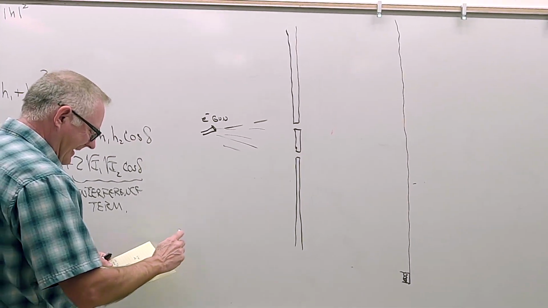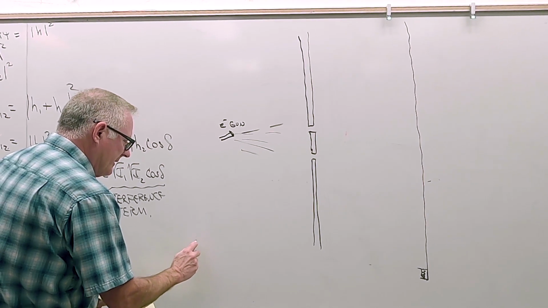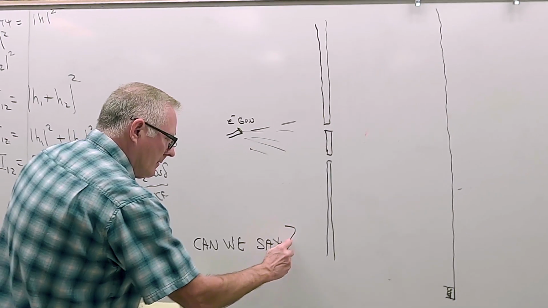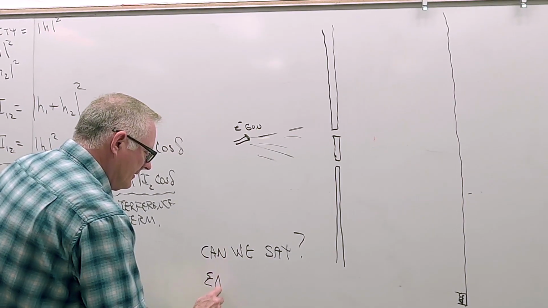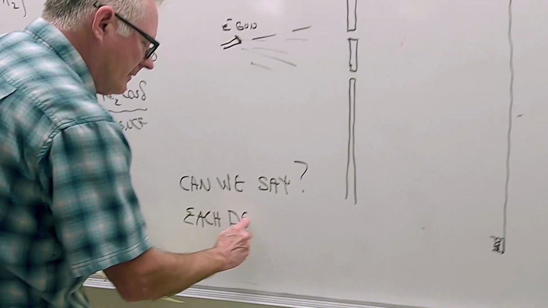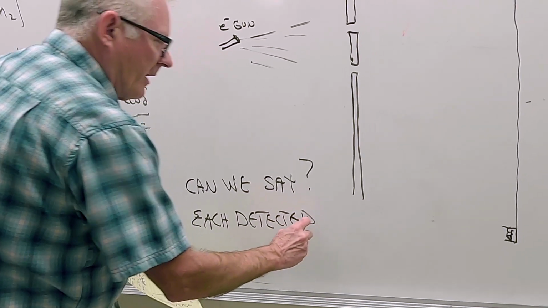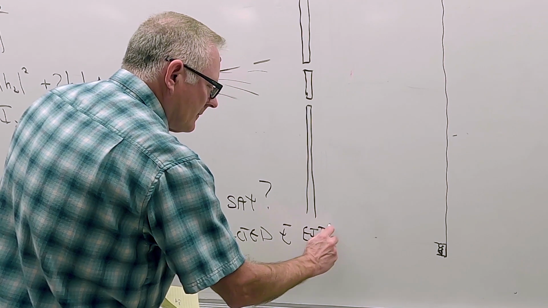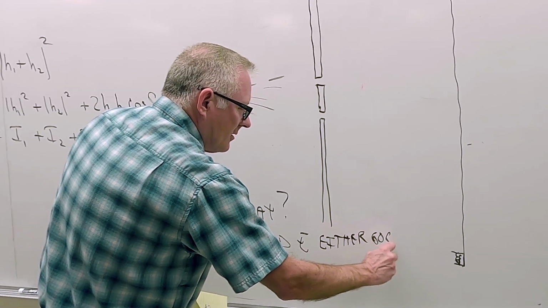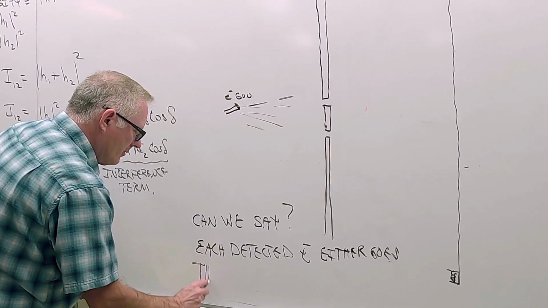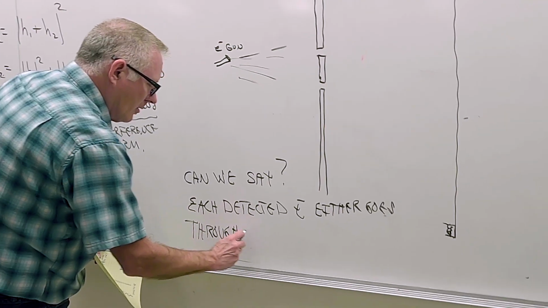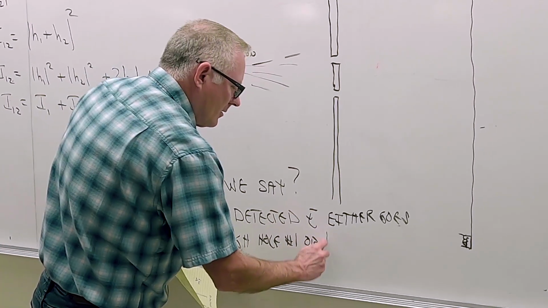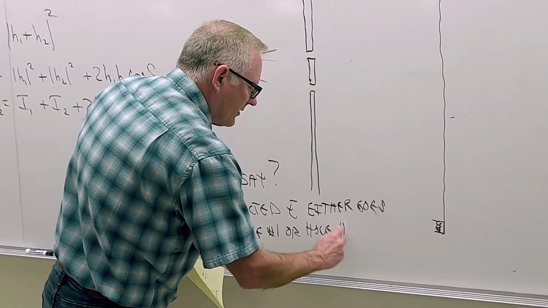So can we say each detected electron, that is, it hits the bucket, each detected electron either goes through hole number 1 or hole number 2?